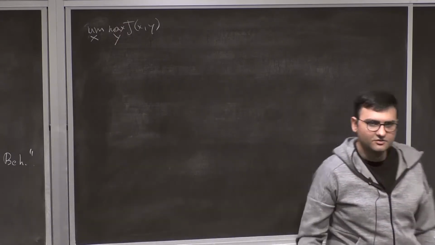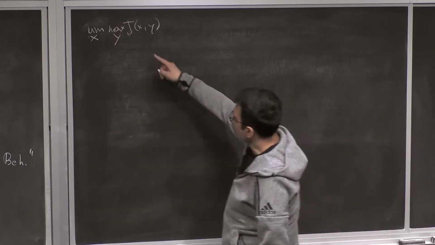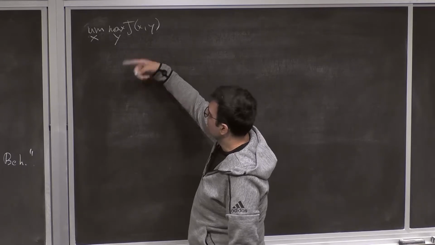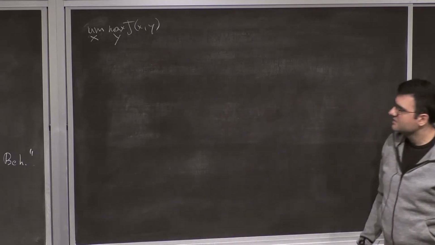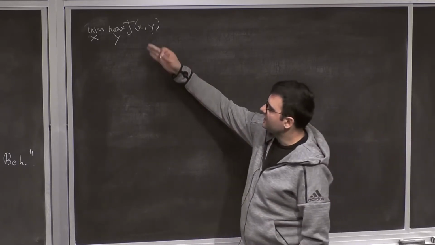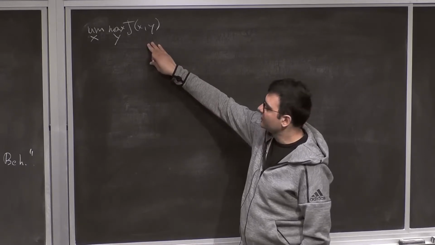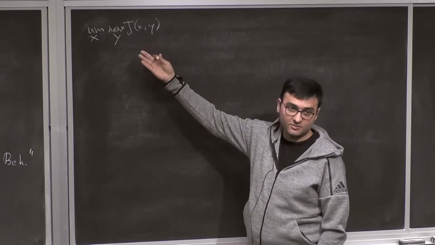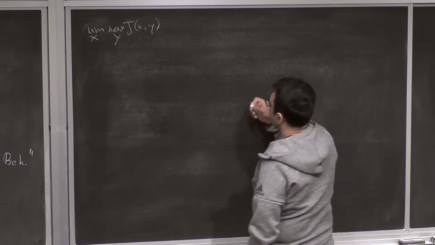So one player tries to minimize the objective in x, and the other player tries to maximize it. So they analyzed mathematically this problem, and naturally the equilibrium here is just the usual saddle point, so it's very easy to write down.